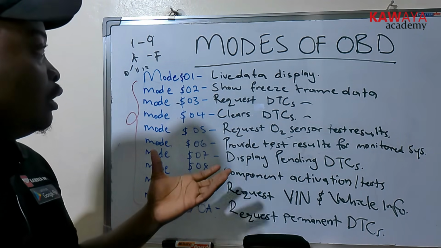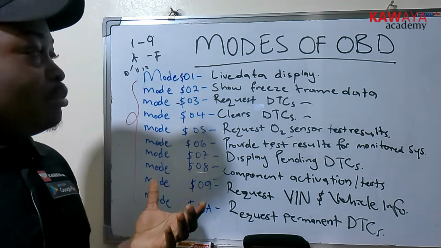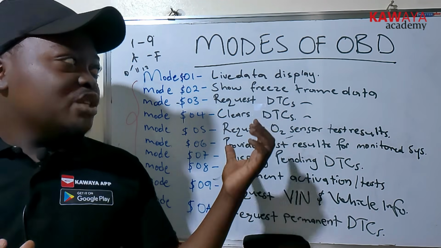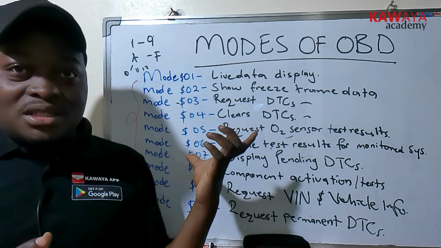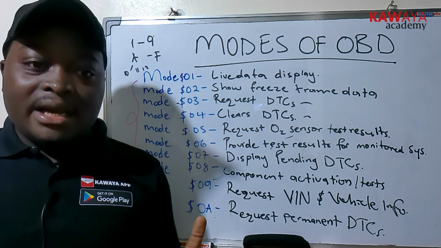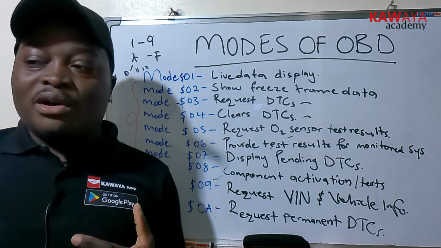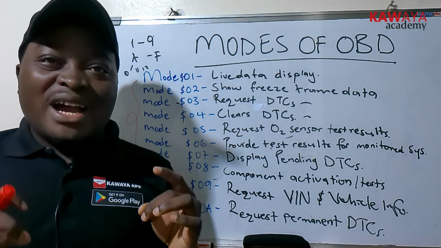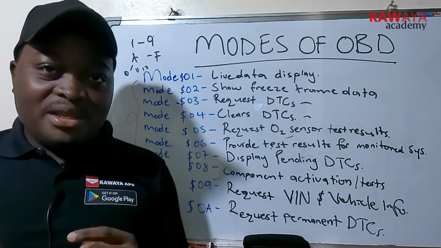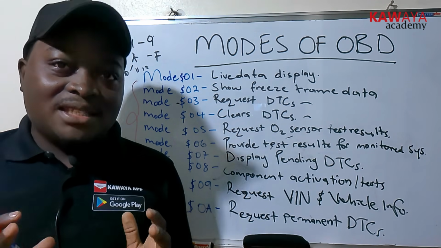Okay, so I want us to look at mode 1. I'm going to put more emphasis on mode 1, which is the live data, because it is one of the most key modes in OBD. Live data is very important when you are carrying out diagnostics, because as a technician you need to understand live data so that you understand the performance of your vehicle's engine and different systems.